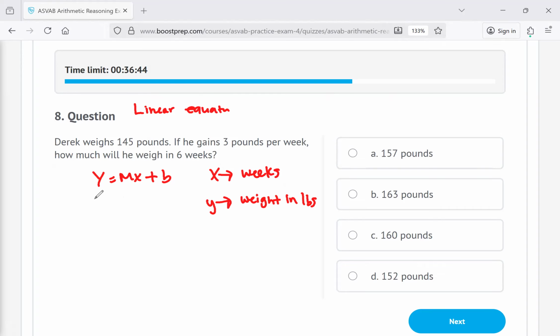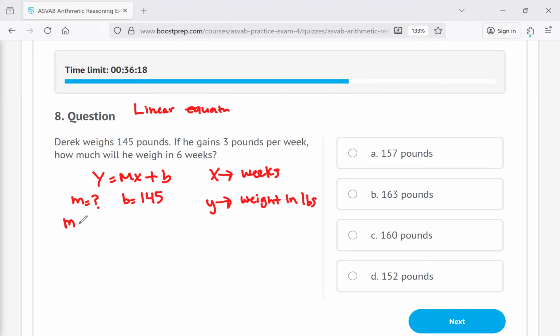Now what we got to do is figure out our m and our b. So the b is pretty simple. It's your given point. They tell you as it is. It's just like a fixed point. So which of these could be a fixed point? Derek weighs 145 pounds, or he gains 3 pounds per week. Right. The b is definitely 145.